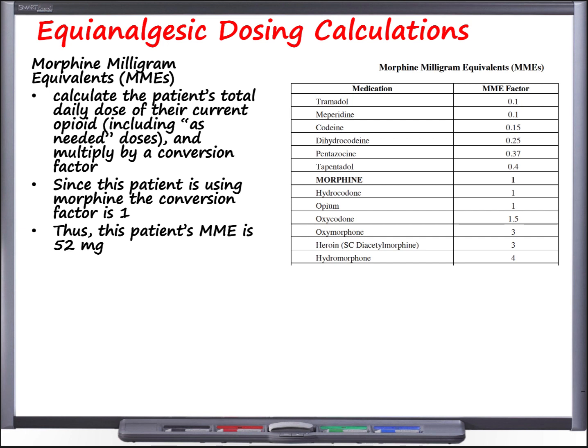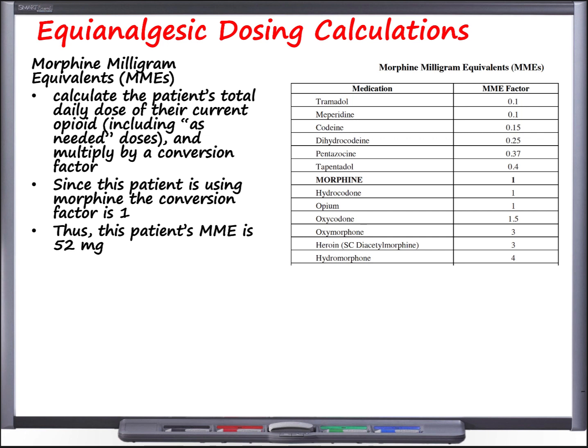But if you look at the factors here, these are called MME factors, it shows you how relative potency is compared back to morphine. So this MME stands for morphine milligram equivalent. It's how you can convert the amount of one opioid, convert that to an equivalent amount of morphine.